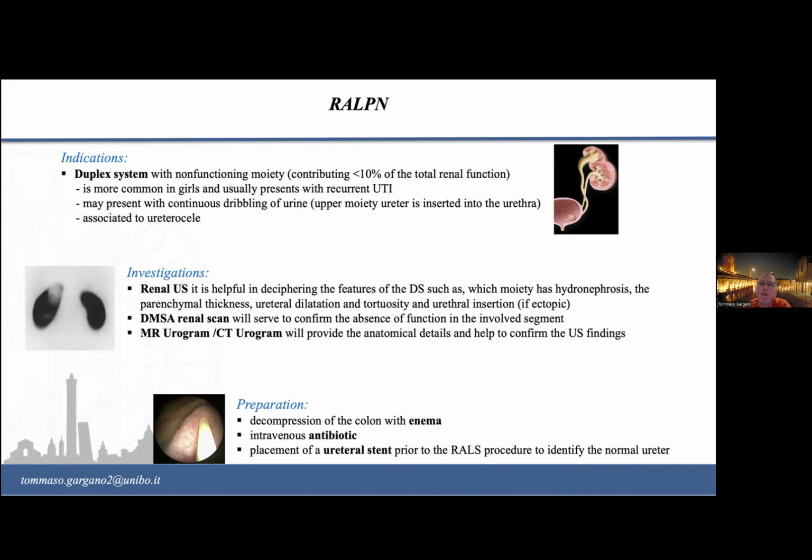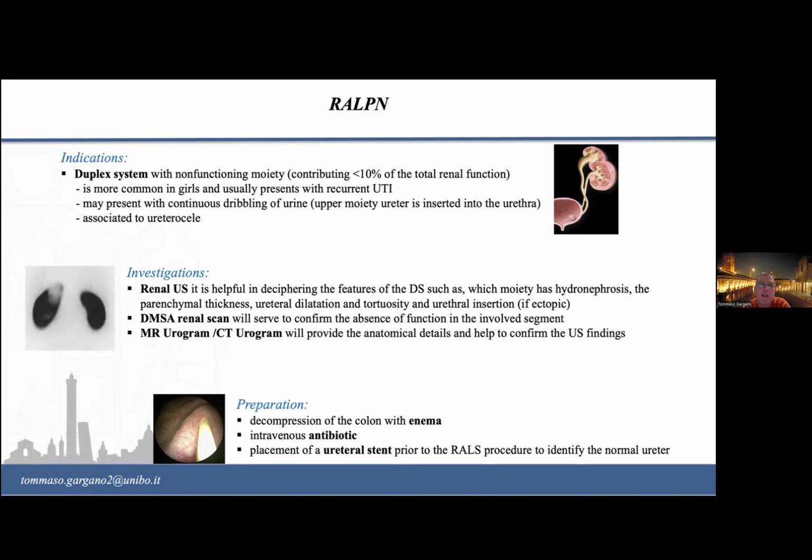Regarding the preparation for the robotic procedure, it's very important to decompress the colon with an enema performed the night before, and to give intravenous antibiotics. Some authors suggest the placement of a ureteral stent before robotic-assisted laparoscopic surgery to better identify the normal ureter.